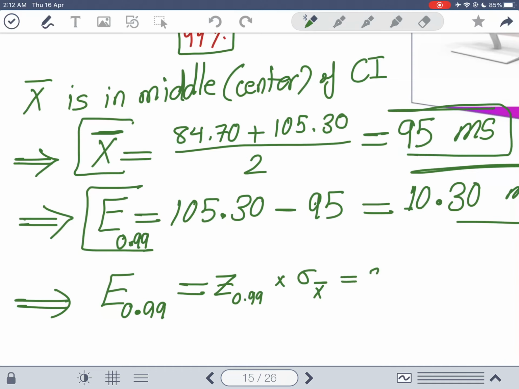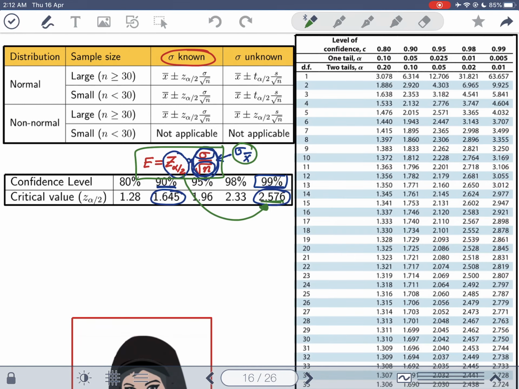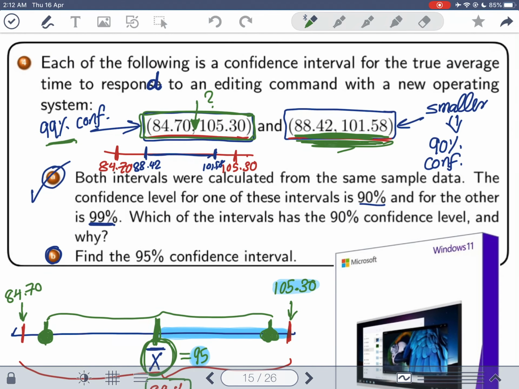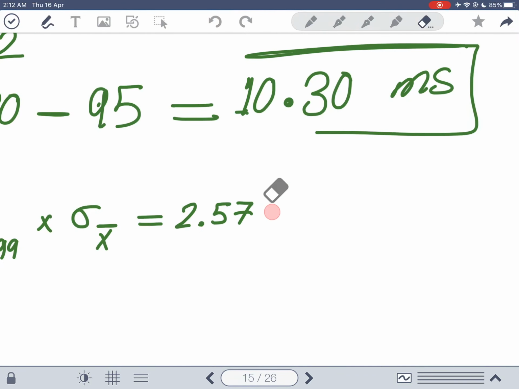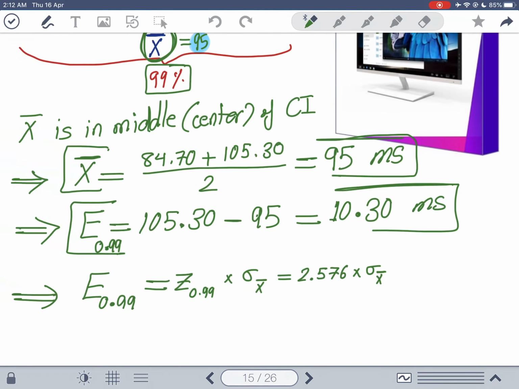And we know that Z sub 0.99 is 2.576, just to make sure, yes, 2.576, times sigma x bar. And we know that the margin of error is 10.3.